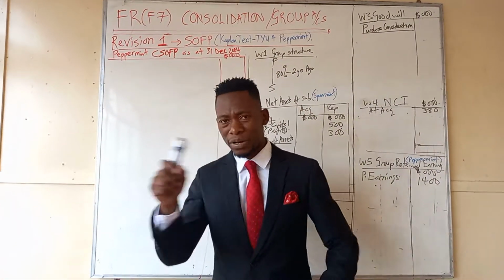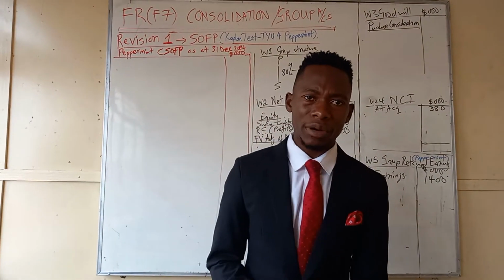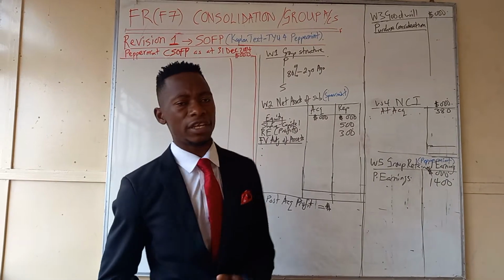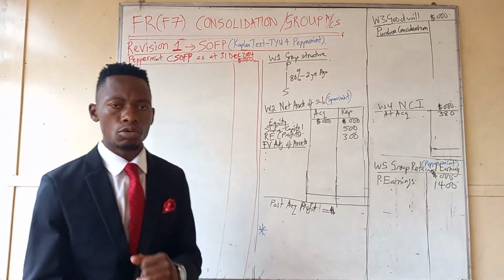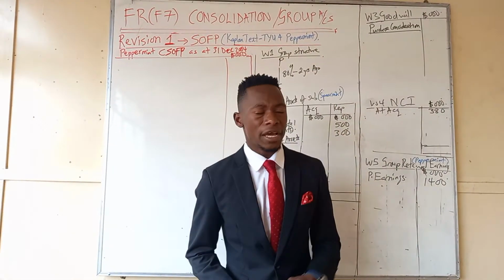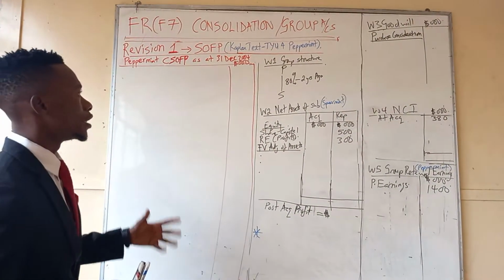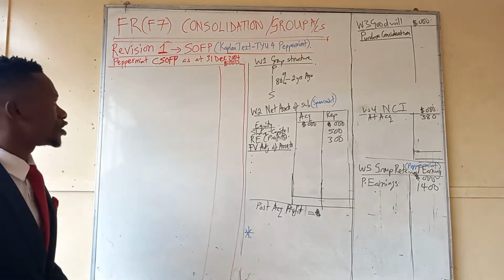You won't be able to pass the exam overall. So you need to manage your time. Time is of the essence. You need good speed and good success for you to pass the FR exam. So on consolidation, let us not waste time and get into the question now.